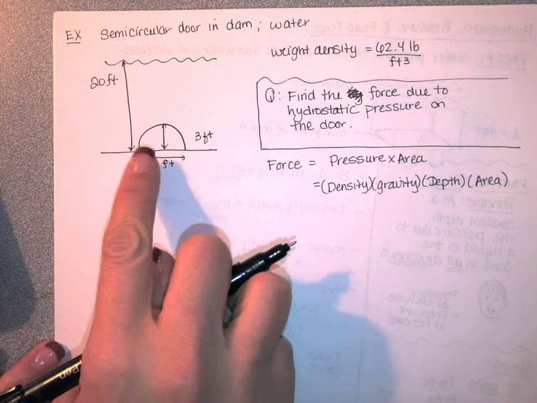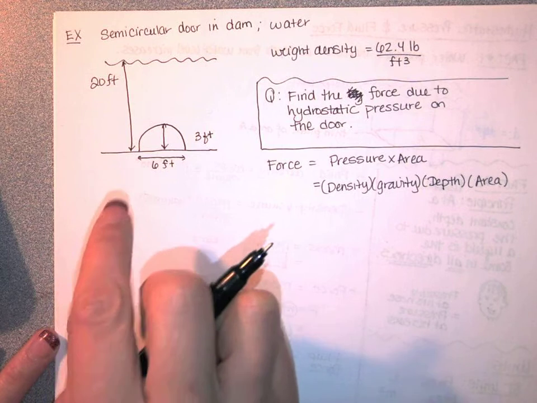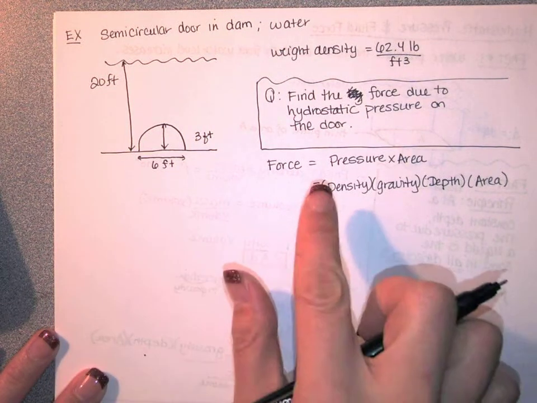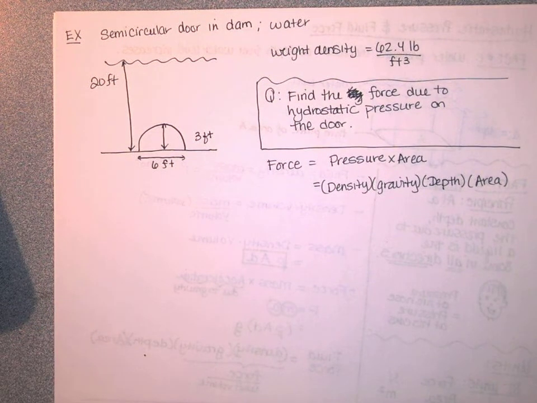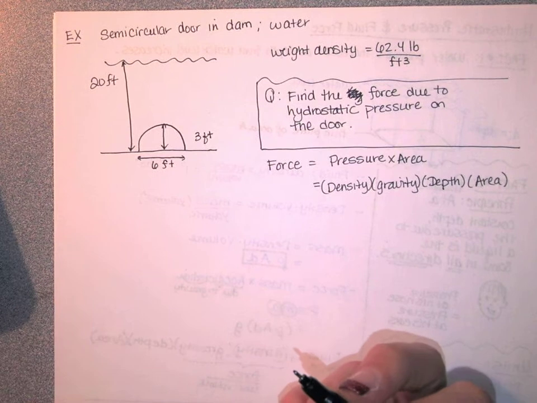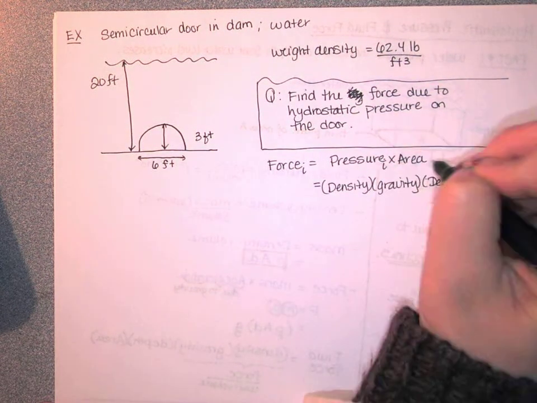So what we need to do is slice this in such a way that the entire slice is at a given depth. Then we'll find the force on the slice, add those up to get the sum of the forces on all of the slices, and take the limit as the number of slices goes to infinity to get the exact force. Okay, so I'm going to put an i on everything, talking about the force on the ith slice.